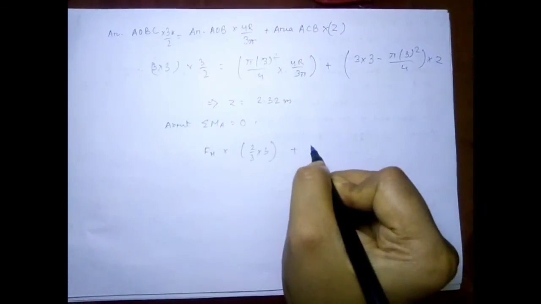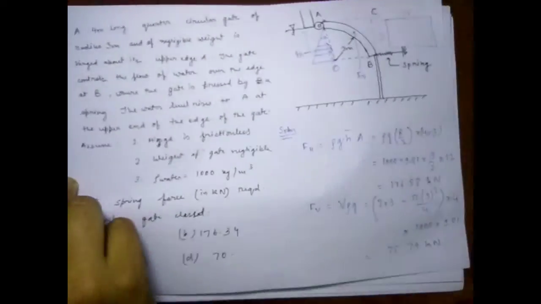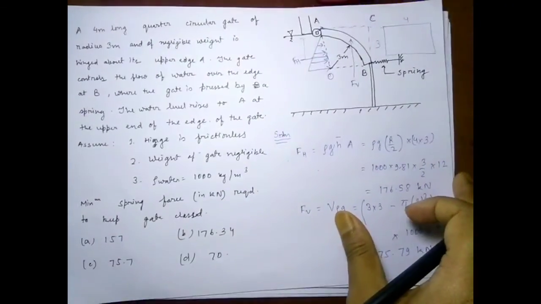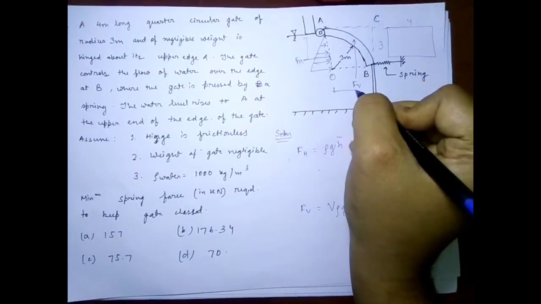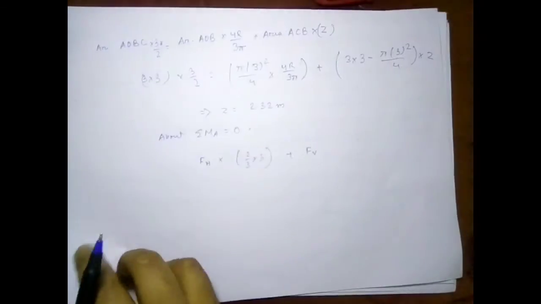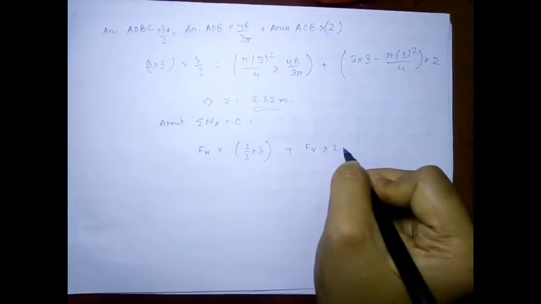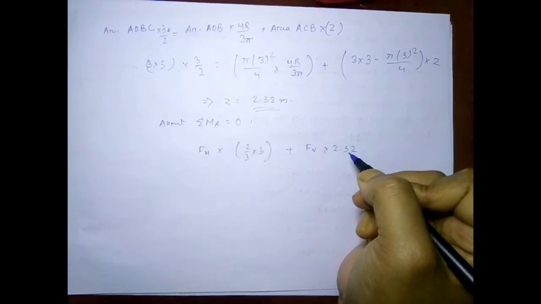Plus taking care of the FV, which will be acting at a distance z, that is this one, our 2.32, FV times 2.32.